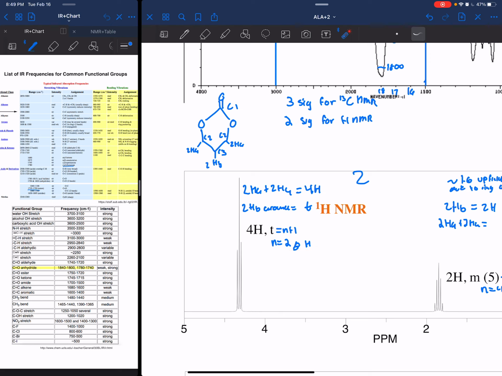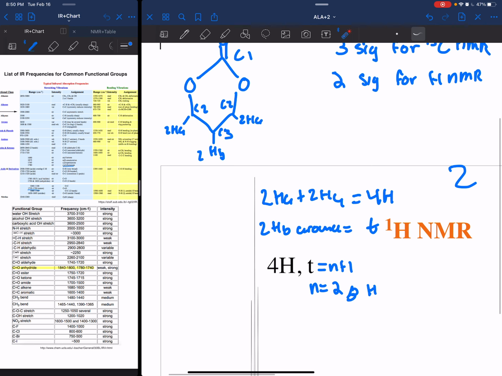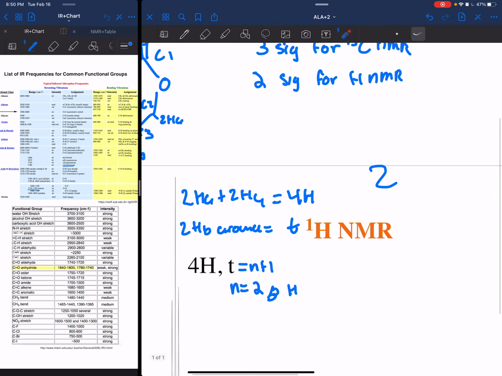So this one will only have 2 neighboring hydrogens, and I deduced that this one has to be 2 HA. Because if I have 2 HAs here and 2 HAs here, I get a total of 4 hydrogens, so my integration is 4. That agrees. When we do the multiplicity, this is the only neighboring hydrogen right here, and there's 2 of these. So 2 plus 1 is 3, which gives us a triplet. So that's where we get that.